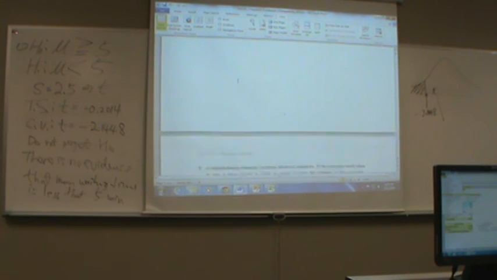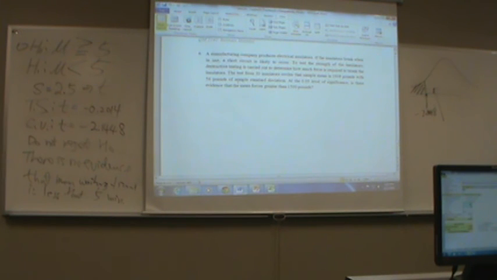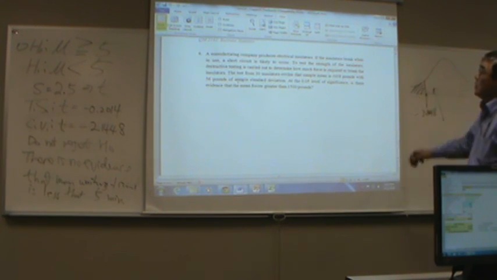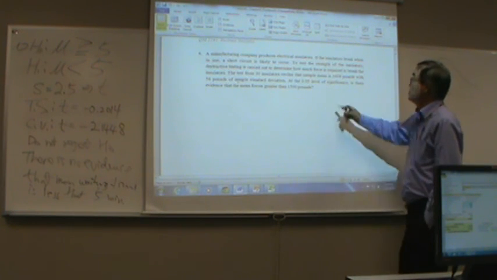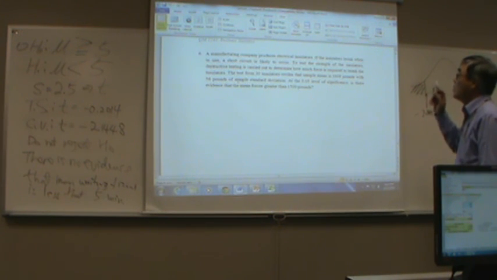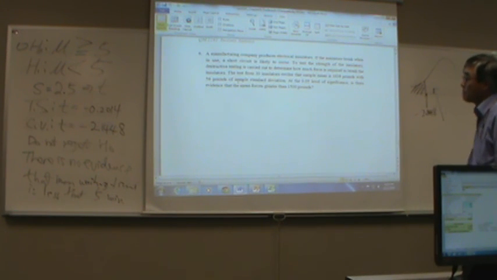Number 6. A manufacturing company produces electrical insulators. If the insulators break when in use, a short circuit is likely to occur. To test the strength of the insulators, destructive testing is carried out to determine how much force is required to break them.